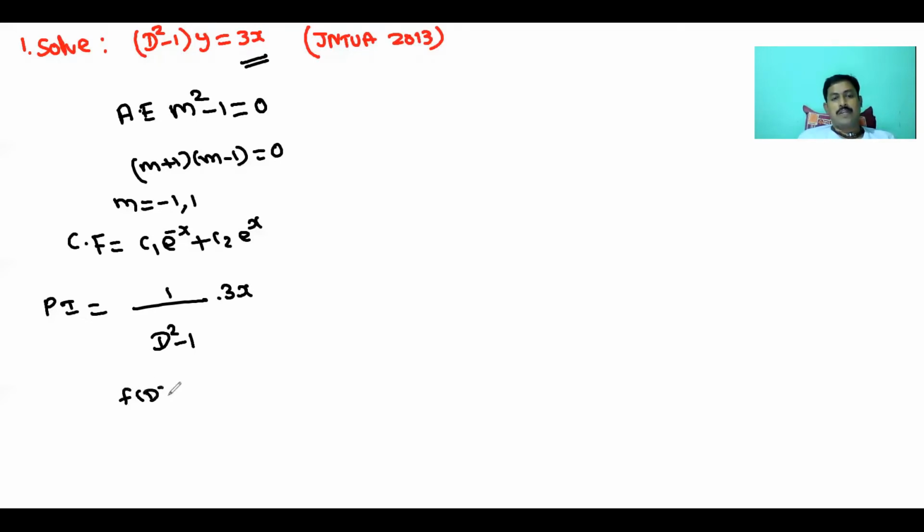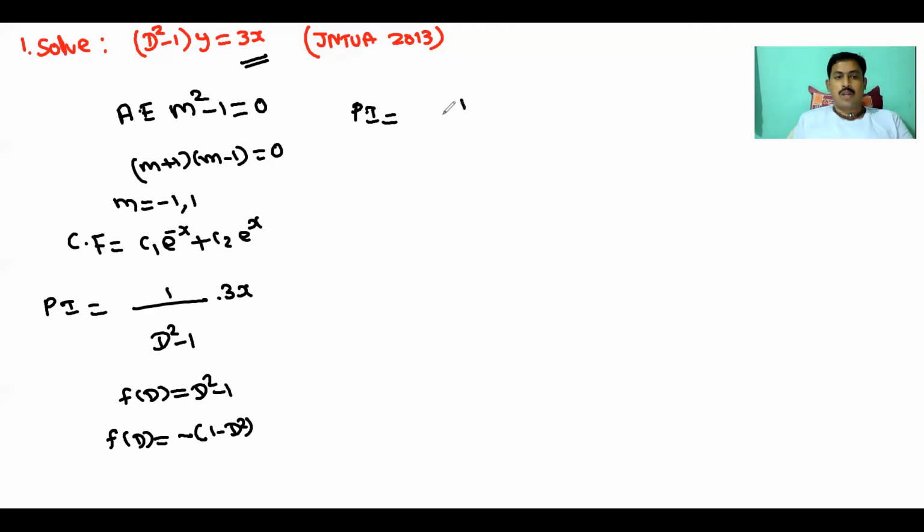Here f of D equals D square minus 1. So this can be written in 1 plus form or 1 minus form. Therefore, by taking minus out, I can write f of D as minus of 1 minus D square. PI equals 1 divided by minus of 1 minus D square into 3x.